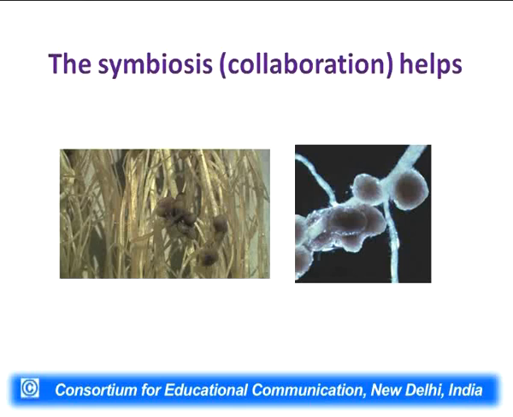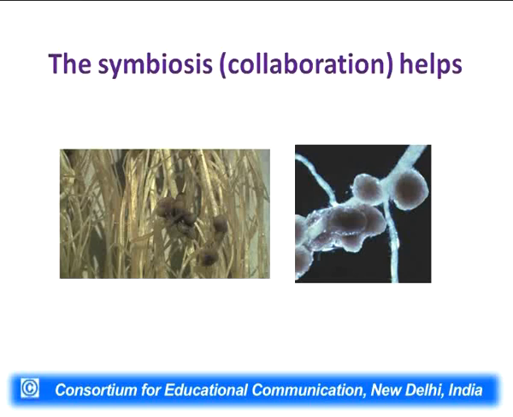Symbiosis is the combination of two individuals for the benefit of both, and in this case it is a symbiosis between plant and bacteria. The plant, being the host, provides carbon and all other nutrients, and the bacteria take gaseous nitrogen, convert it to ammonia and give it to the plant.